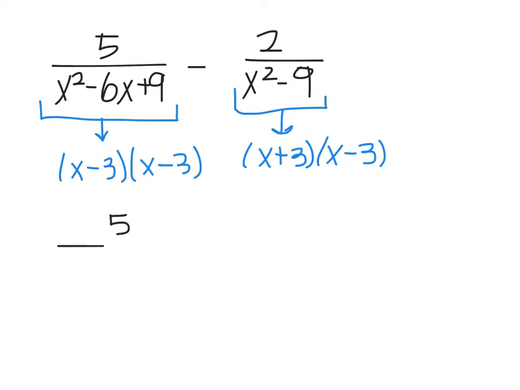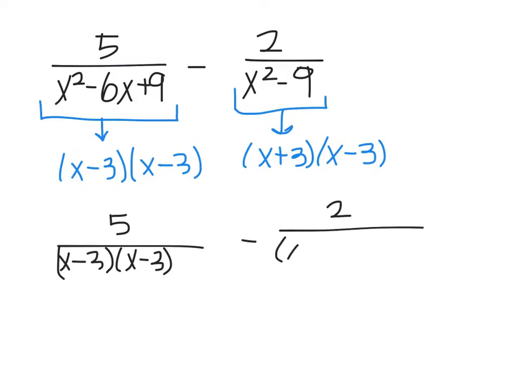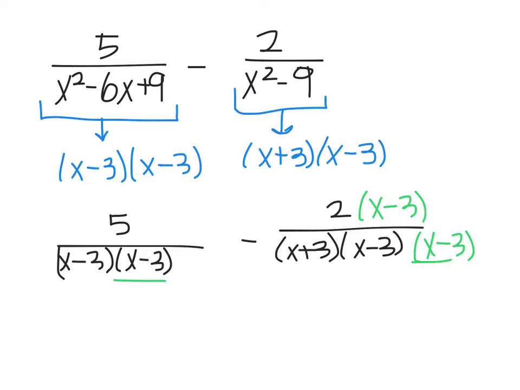So now that we have these denominators, we're going to put our new denominators into our fractions. So 5 over x minus 3 times x minus 3, minus 2 over x plus 3, x minus 3. Since there's an extra x minus 3 that isn't over on this side, we're going to multiply by x minus 3 in the denominator and x minus 3 in the numerator.